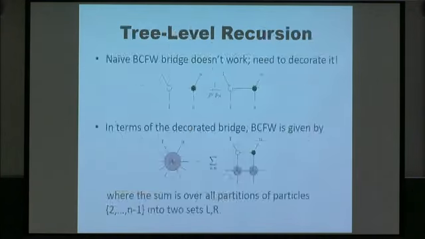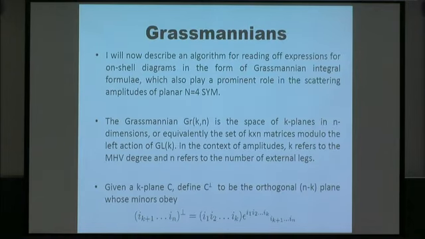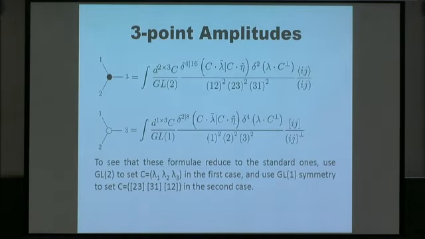Similarly, you find that this delta 4/16 just reduces to the supermomentum delta function. And furthermore, this ij over ij just cancels out, because as I said, the minors are just equivalent to the spinor inner products for this choice of C. Now this is very similar in some ways to the Grassmannians that one writes down for 3-point amplitudes in n equals 4 super Yang-Mills.